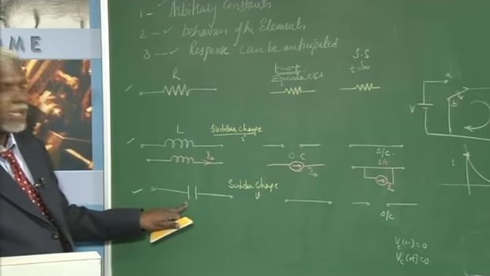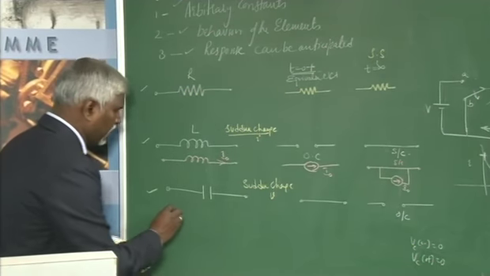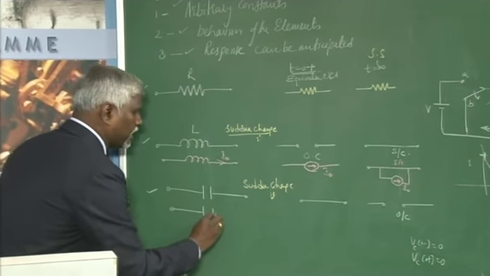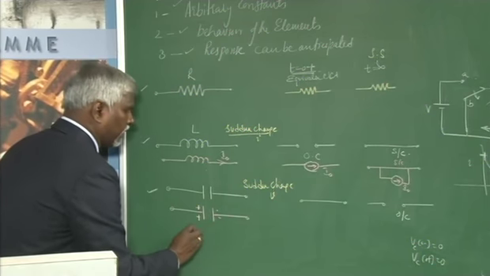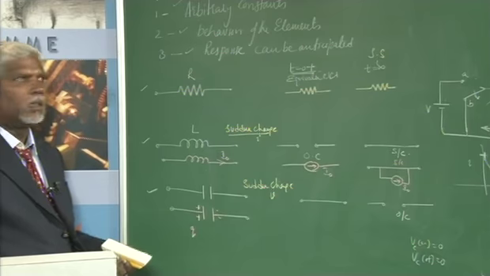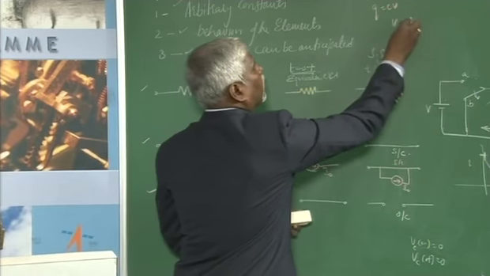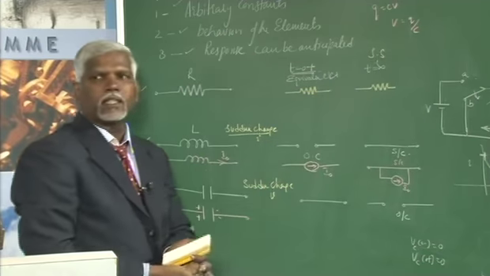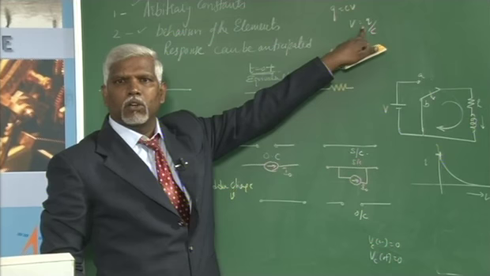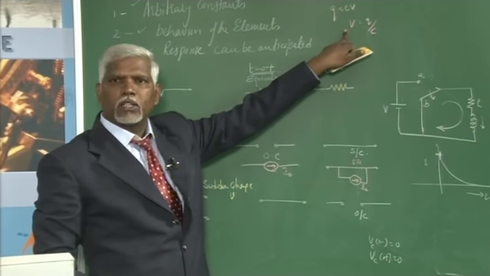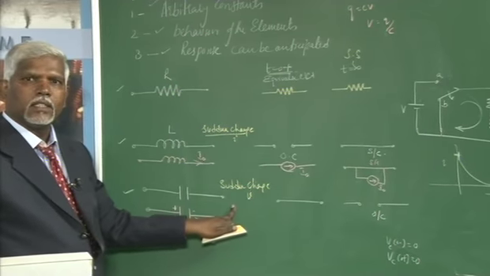Similarly, when it comes to a capacitor with initial charge Q, I know Q is C into V, or V is Q by C. If there is some charge across the capacitor before the switch is closed, there will be some voltage across the capacitor. It does not allow any sudden change in voltage.